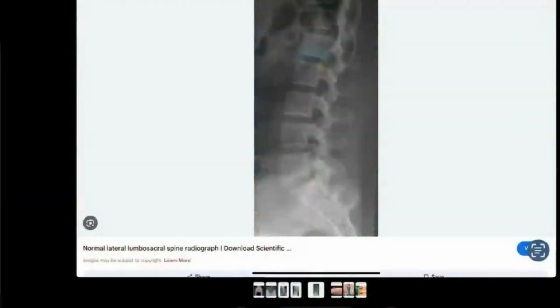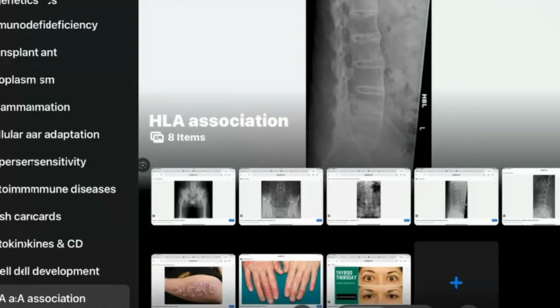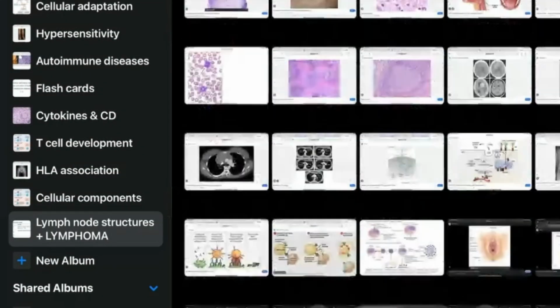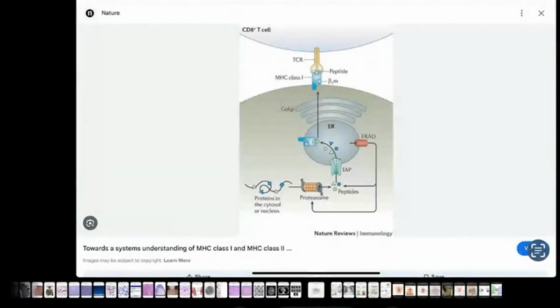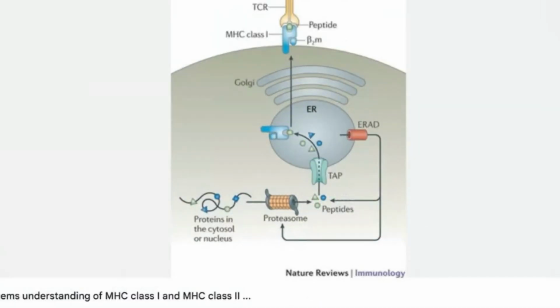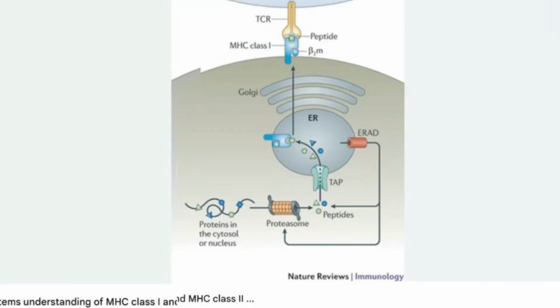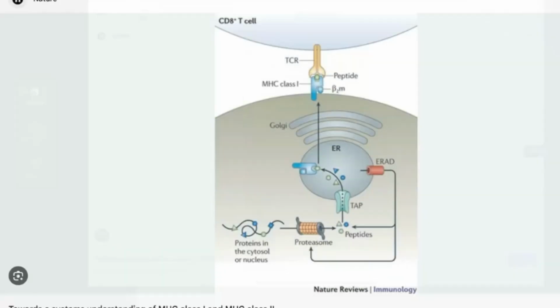So let me show you an image of that. This is very important for you to notice. This is how the antigen is processed for MHC I. Look at this structure here.